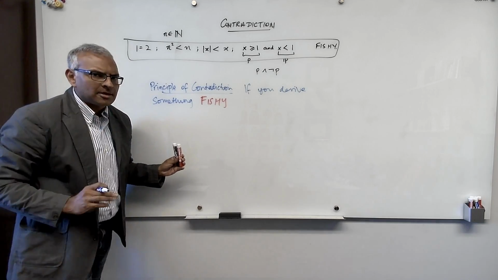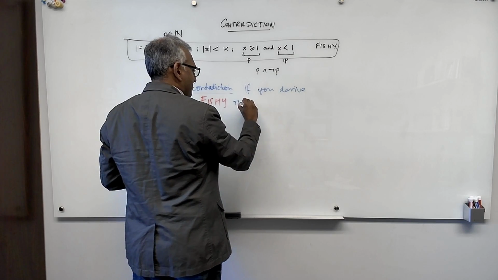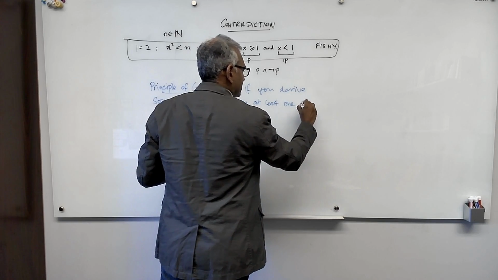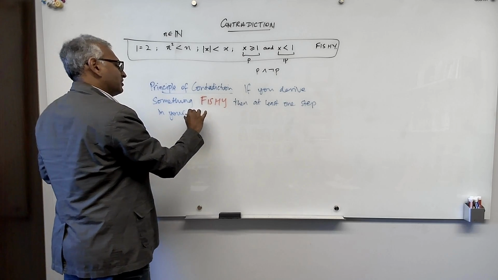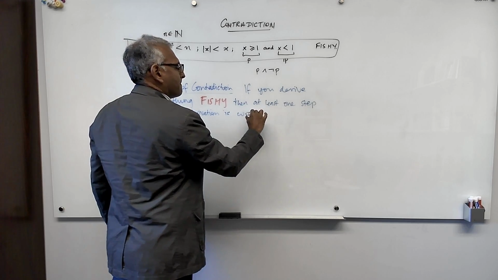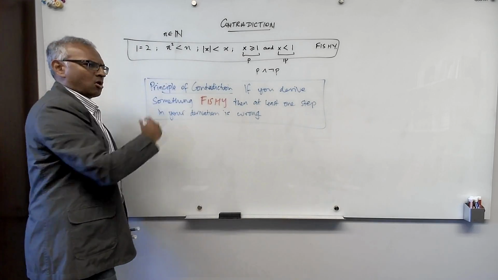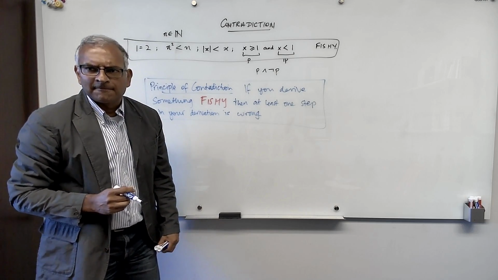At least one of the steps in your derivation is wrong. And that seems kind of obvious, right? If you derive something wrong, if you derive something fishy, then somewhere along the line you have made a mistake.